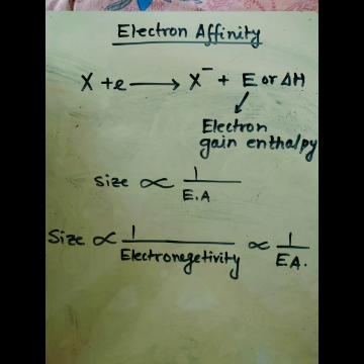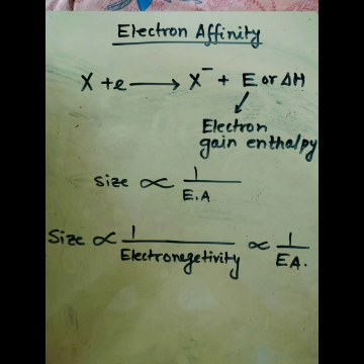So first, what is electron gain enthalpy? Actually, if you transform a neutral element or atom into an anion, then this atom releases some amount of energy, just opposite of the ionization energy. So the amount of energy released when an electron is added to its valence shell is known as electron gain enthalpy or electron affinity.